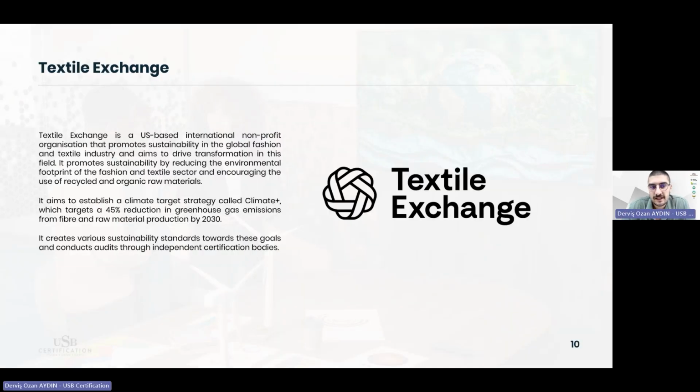About Textile Exchange, this is a US-based international non-profit organization that promotes sustainability in the global fashion and textile industry. Their aim is to drive transformation in this field. It promotes sustainability by reducing the environmental footprint of the fashion and textile sector and encouraging the use of recycled and organic raw materials.